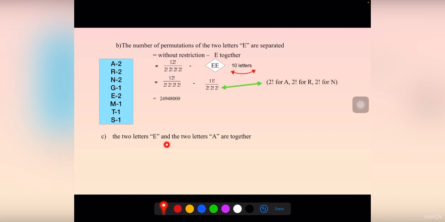Okay, now we go to C. The two letters E and the two letters A are together. Now we group EE and AA.